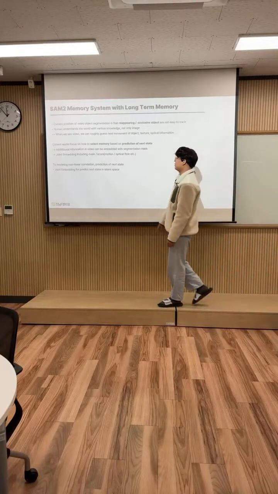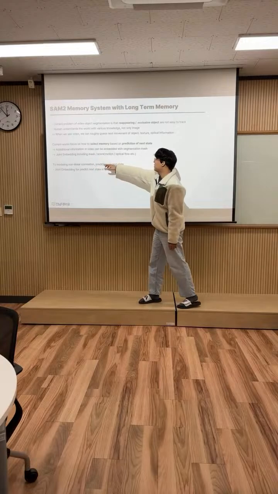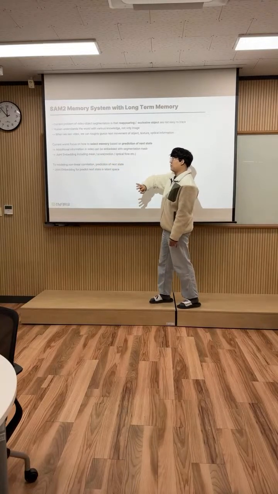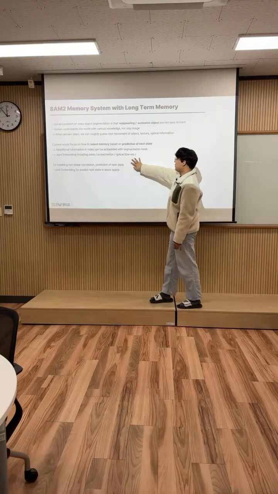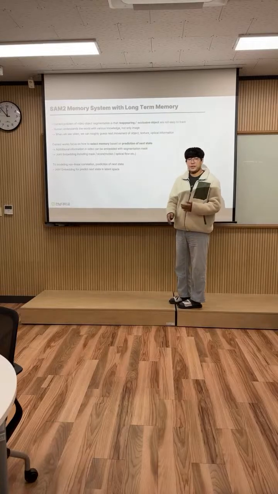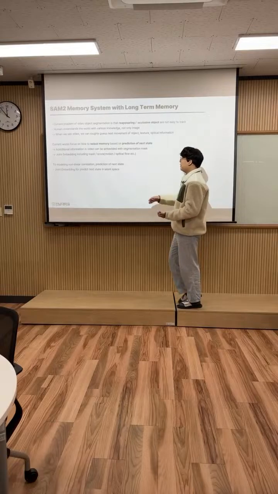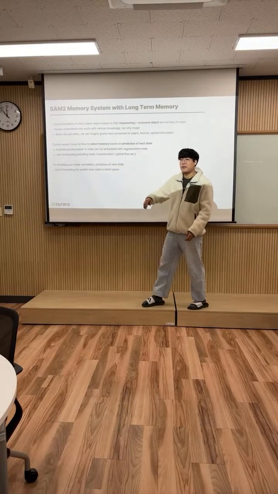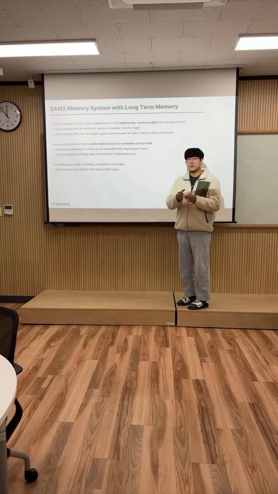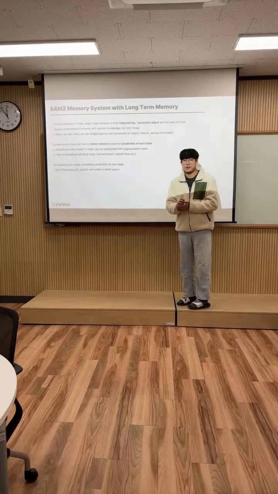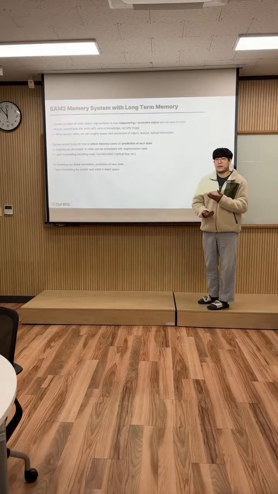Currently, the memory just uses the segmentation mask, but I will use motion or optical information. We can easily obtain this from the video, make it a joint embedding, and use a particle filter to predict the next state. The point is that this prediction of the next state is done entirely in the latent space.